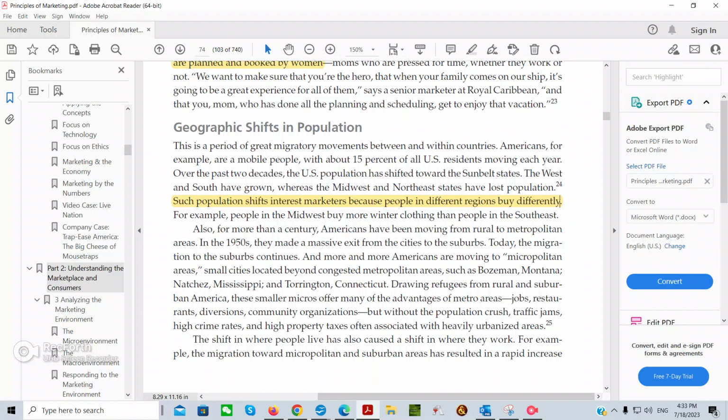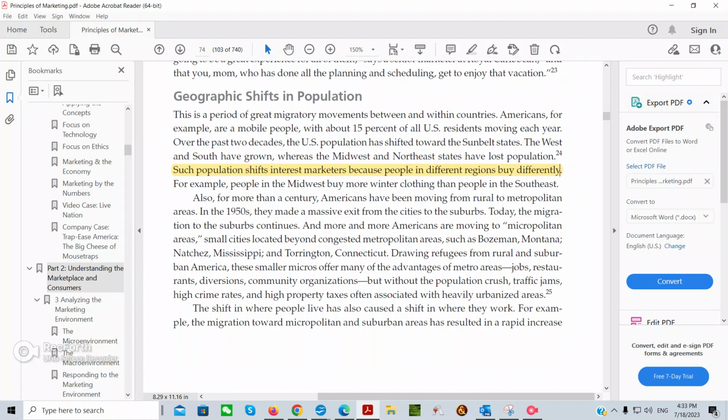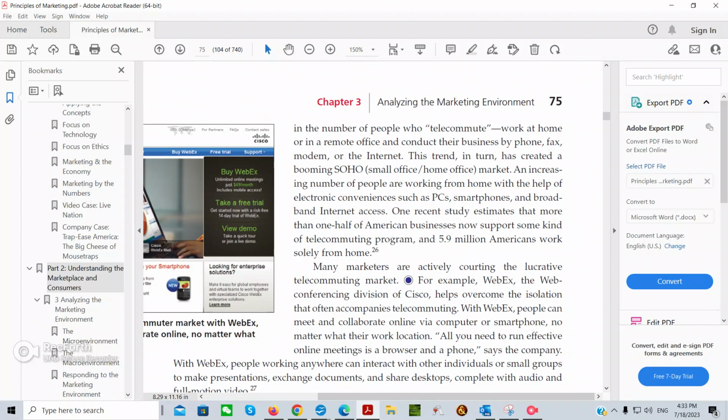The shift in where people live has also caused a shift in where they work. For example, the migration toward micropolitan and suburban areas has resulted in a rapid increase in the number of people who telecommute or work at home or in a remote office, conducting their business by phone, fax, modem, or on the internet.